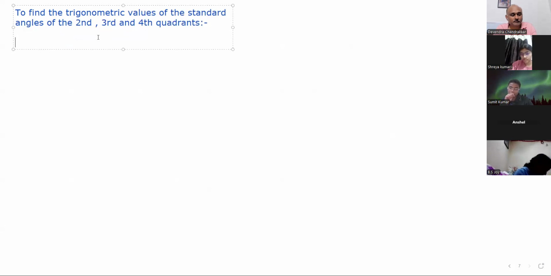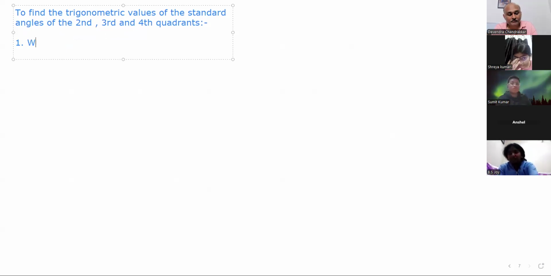First, step क्या है? Write the angles. सब explain करूंगा बेटा, चिंता मत करो, ठीक है?